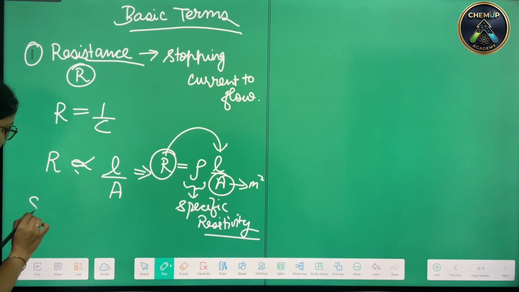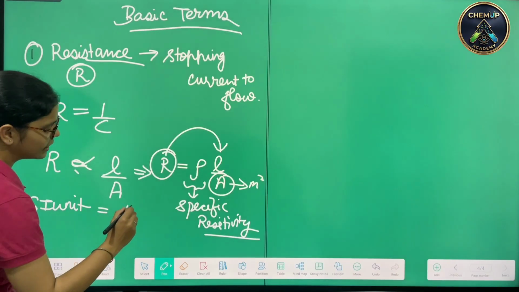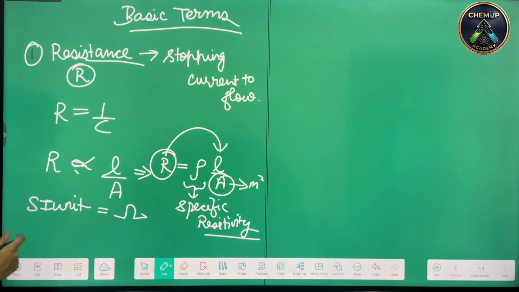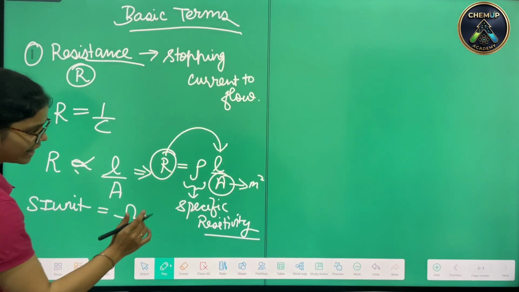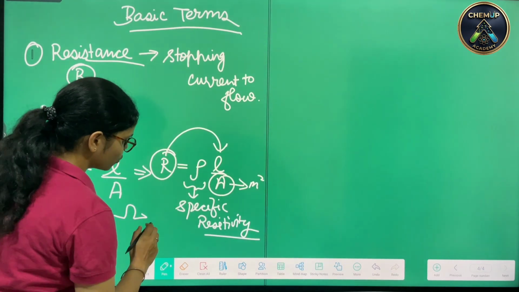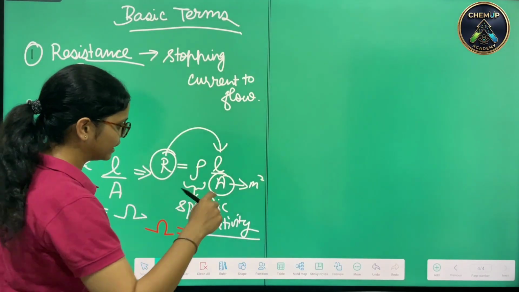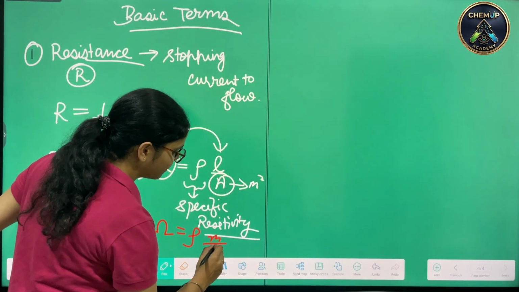Coming on to the units, if we talk in terms of unit, we can say that the SI unit for resistance, as we have studied in our lower classes, is ohm. Since it is ohm, we can place the values over here. Over here we need to find the unit of resistivity, length says meter and upon meter square.